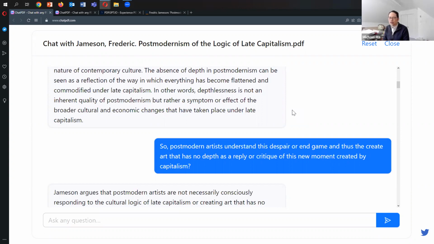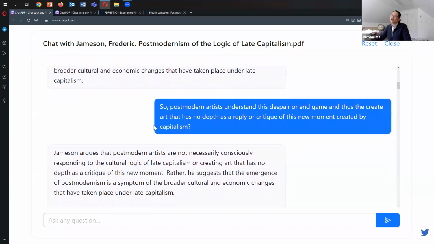Then I go, so do postmodern artists understand this despair or endgame and thus create art that has no depth, or as a reply or critique of this new moment created by capitalism? I think it's a synthetic question, and I'm also trying to understand it myself. I'm trying to use it to simulate an intellectual exchange with something that's not a person.